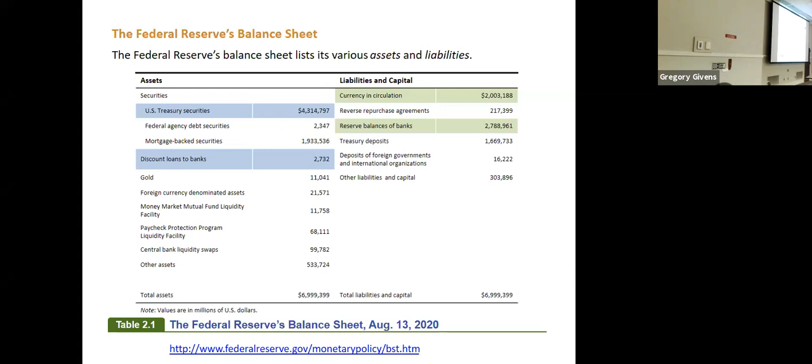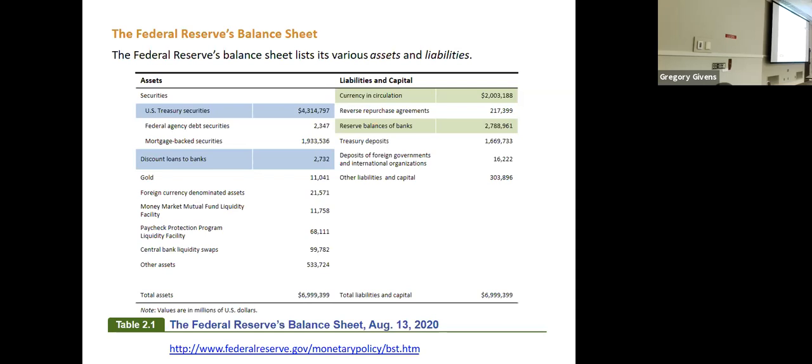Let's say I'm the Fed and Levi is a bank. I'm going to sell him a $1,000 Treasury bond today, but I'm going to promise to buy that same bond back from Levi tomorrow for $1,010, which would effectively be a 1% interest rate. That's a reverse repurchase agreement, or what's called a reverse repo.